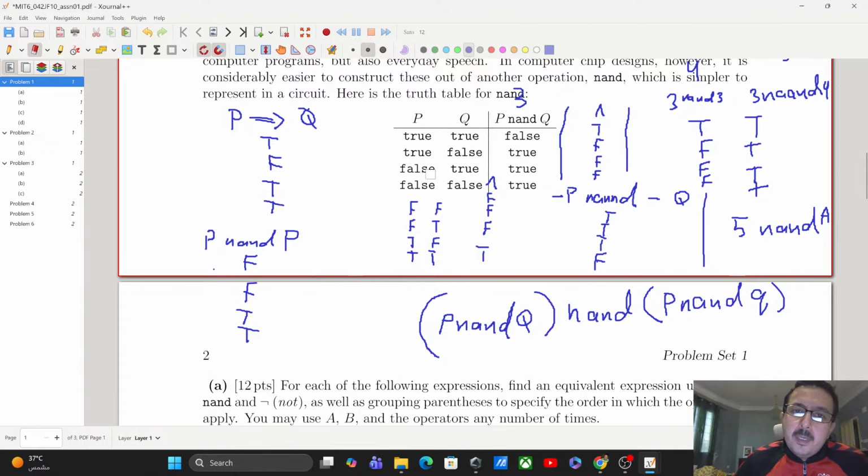So it's gonna be, you want it to be false. So all this means it's true.